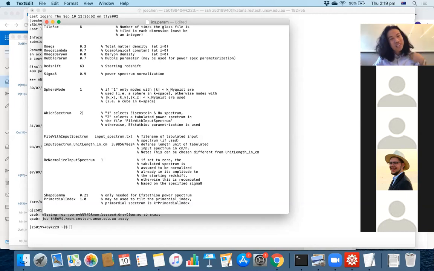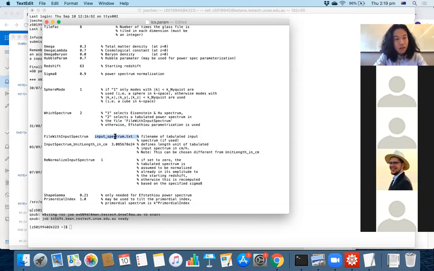But nowadays, if you want to do anything serious, you don't want to use these approximations. I think 0 is Efstathiou, which is an even worse parameterization. So for any realistic work, you always want to set this to 2 and input your own power spectrum.